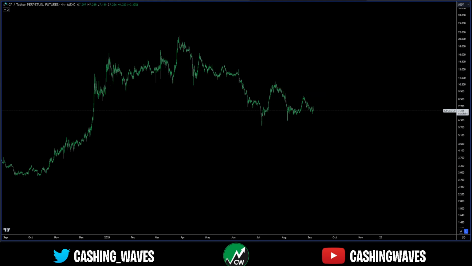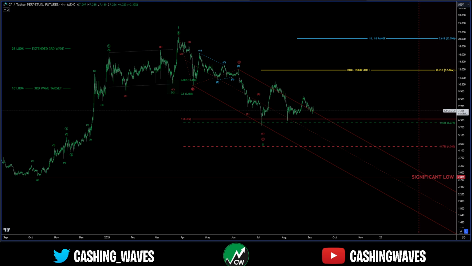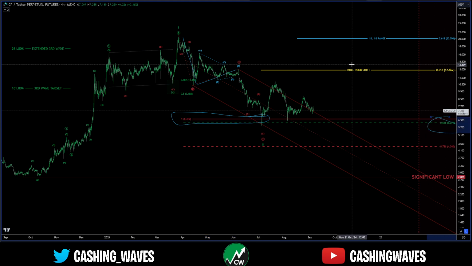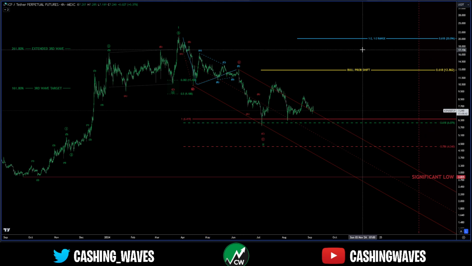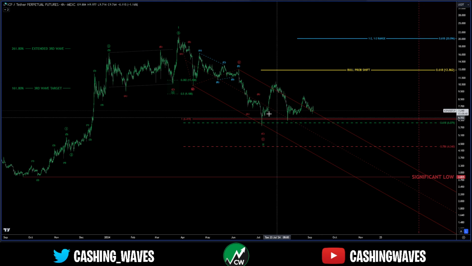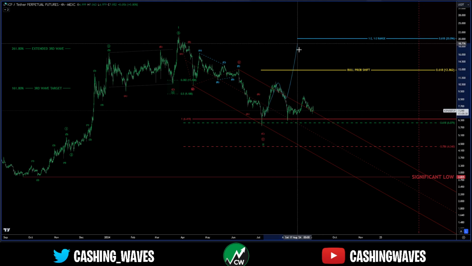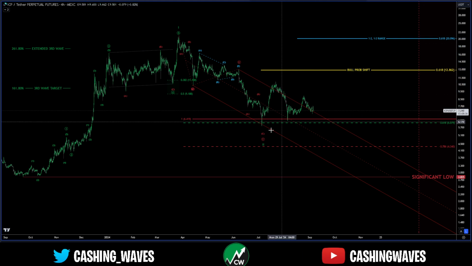Now the frustrating part of this, not frustrating, but the disappointing part is the W off the X hit exactly the 100%, exactly the 618 retracement. So it was very geared up to get moving to the upside. That was pretty much an ideal setup that you want to see.